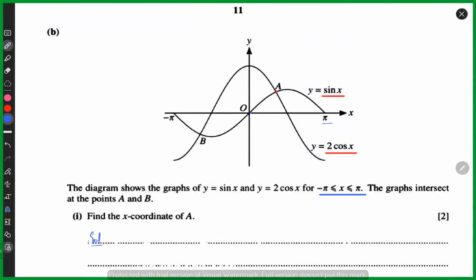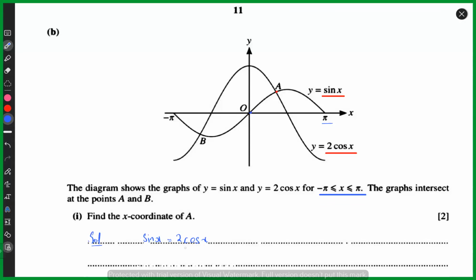So sine x is basically equal to 2 cos x. And again, I've always told you, whenever you've been asked to solve any trigonometric equation, the goal is to have one trigonometric function in that very equation. For now, I have two trigonometric functions. I have sine and cos. I need to have one trigonometric function.